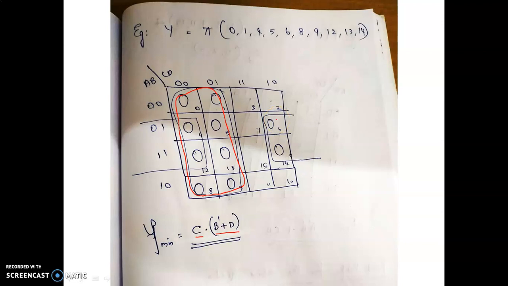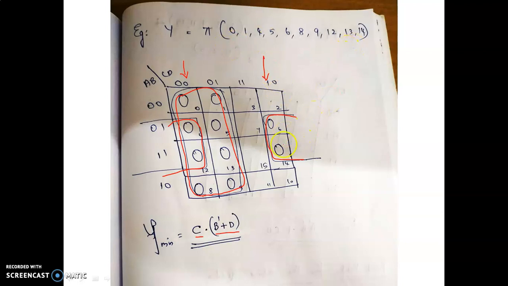Yes, it is possible, because these two columns are adjacent. You can see a 0 and 0 here also. So these 0, 0 can be paired with this 0, 0 and make a quad. So what you are getting is one octet and one quad. That is the minimized expression for this POS question.